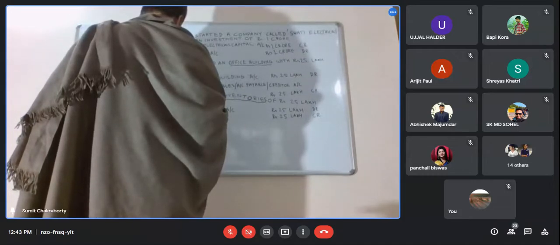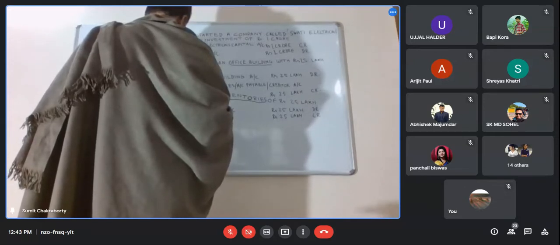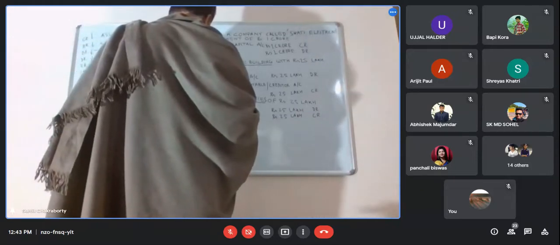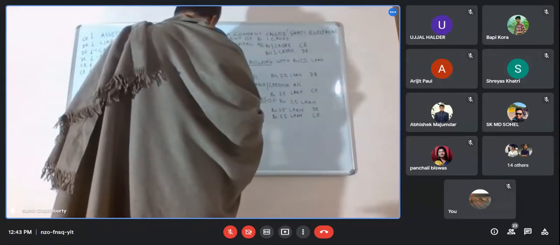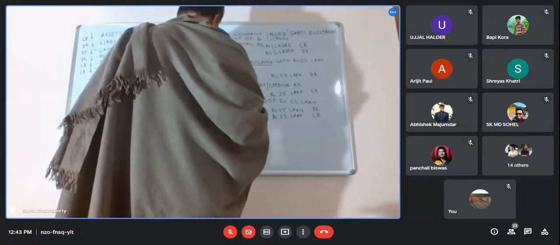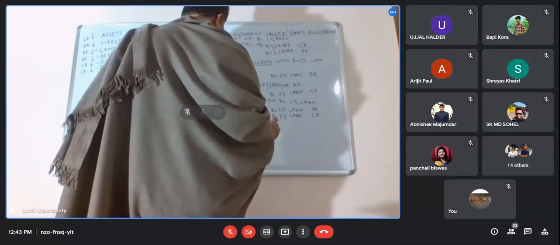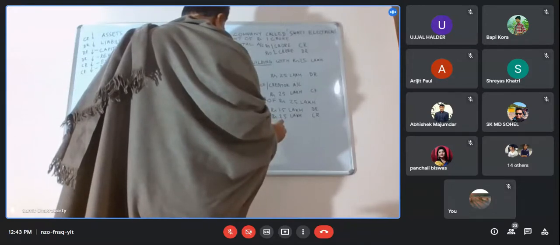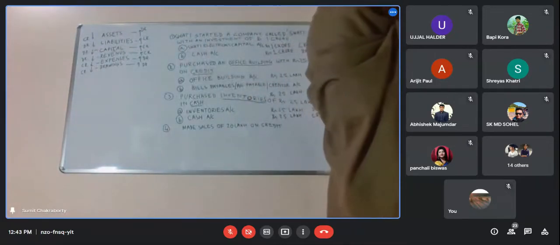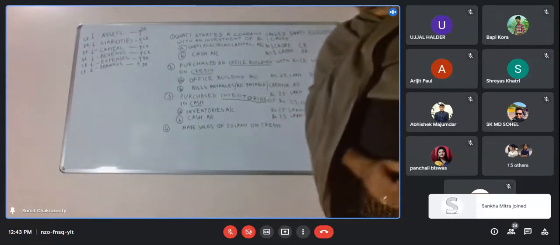Made sales of 20 lakhs on credit. What are the two accounts that are going to be affected?